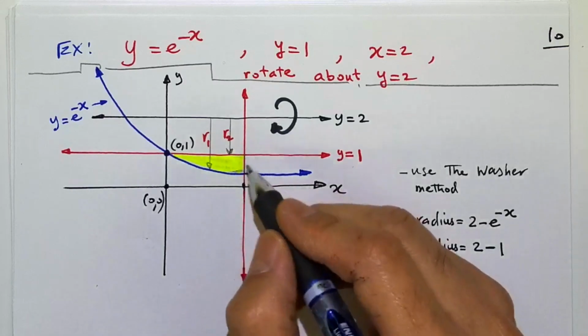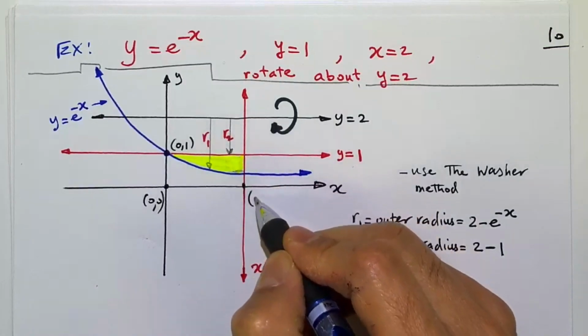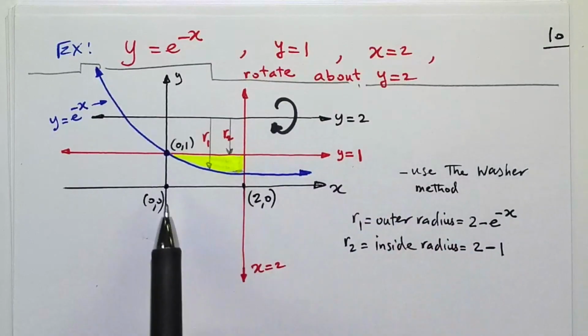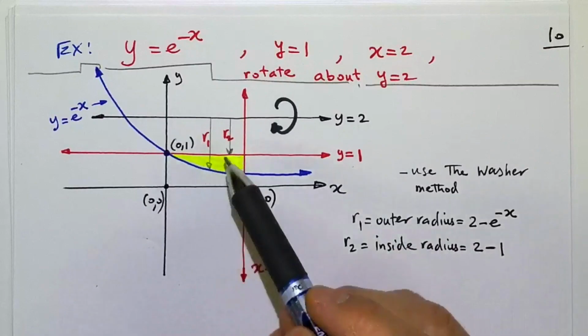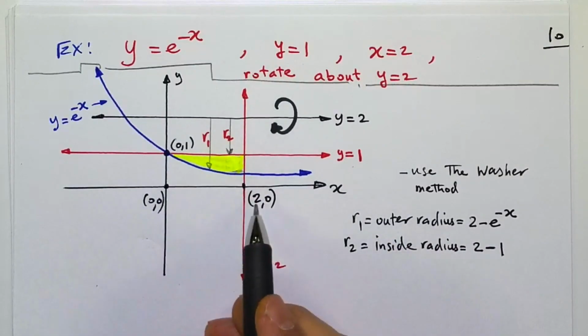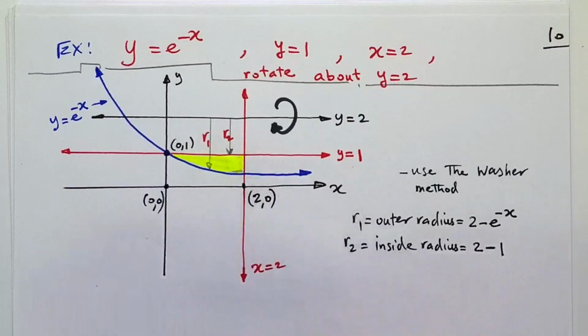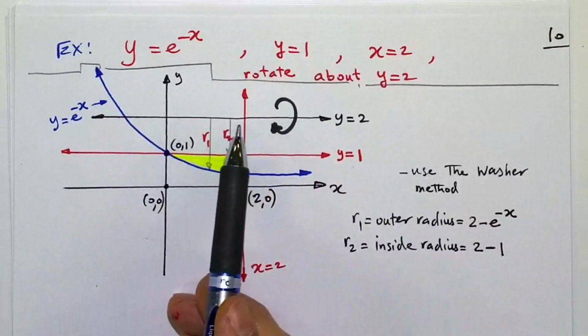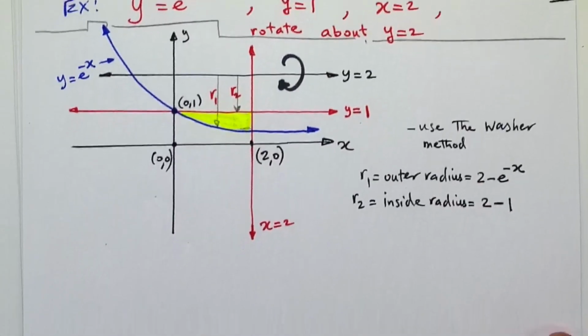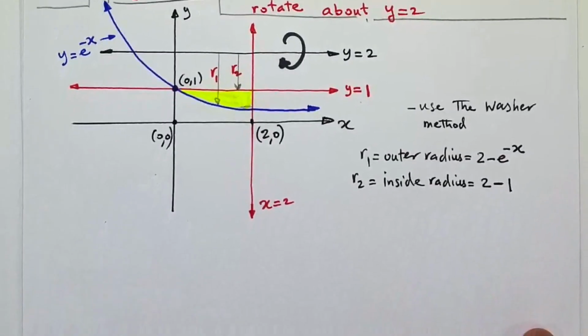So this point is 2, 0. So we're integrating this region from x equals 0 to 2, about the line y equals 2, which is parallel to the x-axis. So let us set up the integral then.